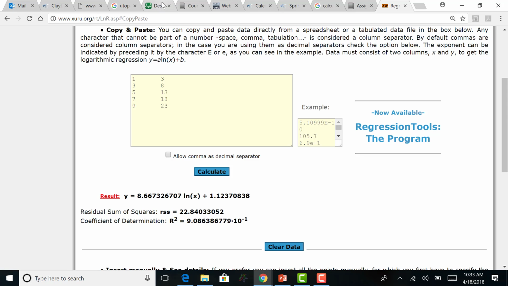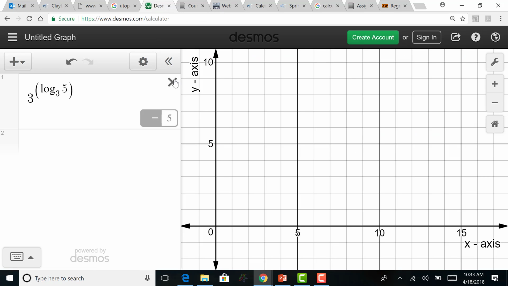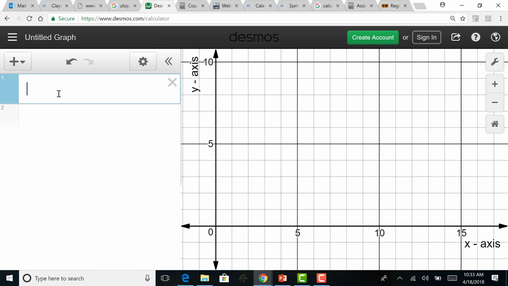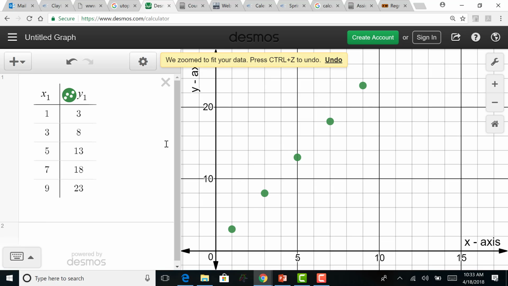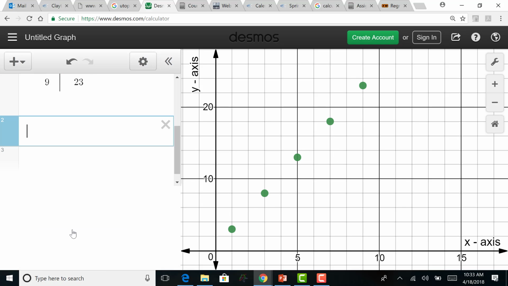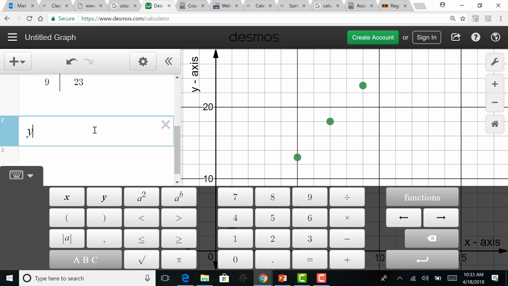If I go to Desmos and paste my data, Control V to paste. There's my data. Can I see all my points? Yep. Put your equation in here. What was the first equation we got? Y equals 2.5x plus 0.5. Then put your second equation in.